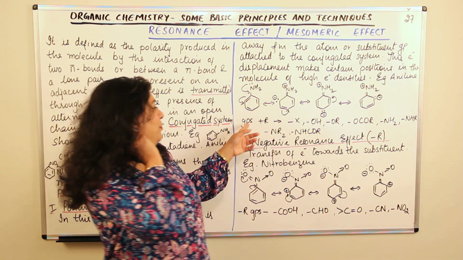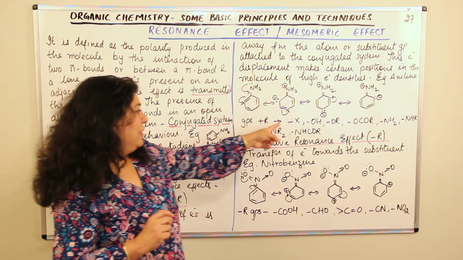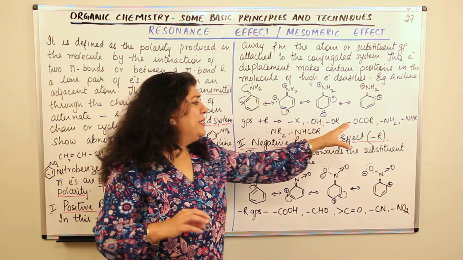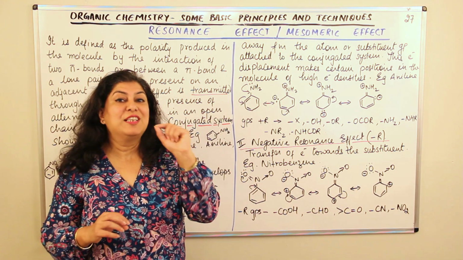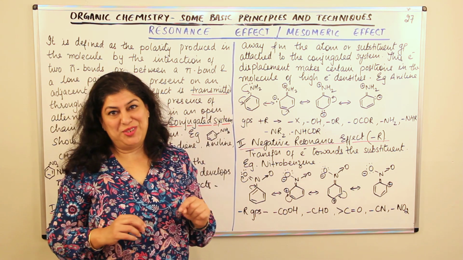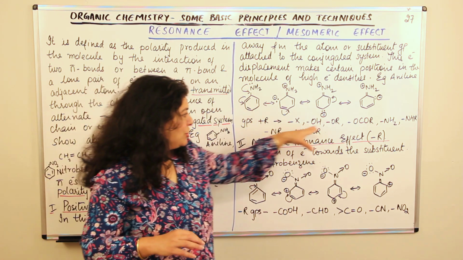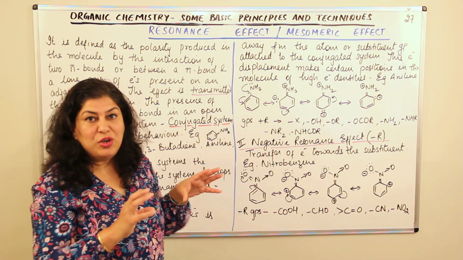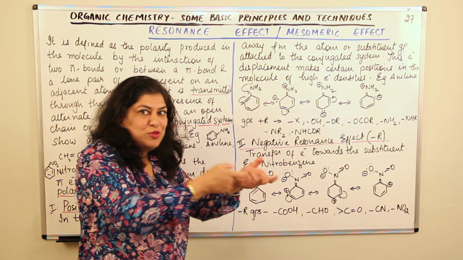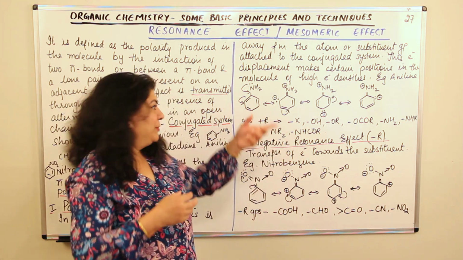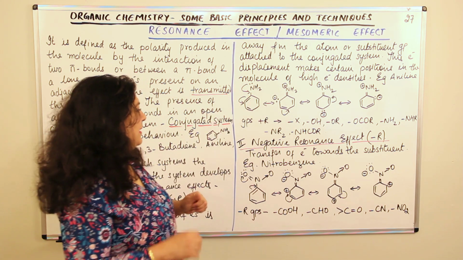Such species which show plus R effect are halogens, because they will all be species where directly to the carbon you will have an atom which has a lone pair of electrons. You will notice in all of these there will be atoms which have a lone pair of electrons to initially trigger the chain reaction. Just as in the case of aniline.